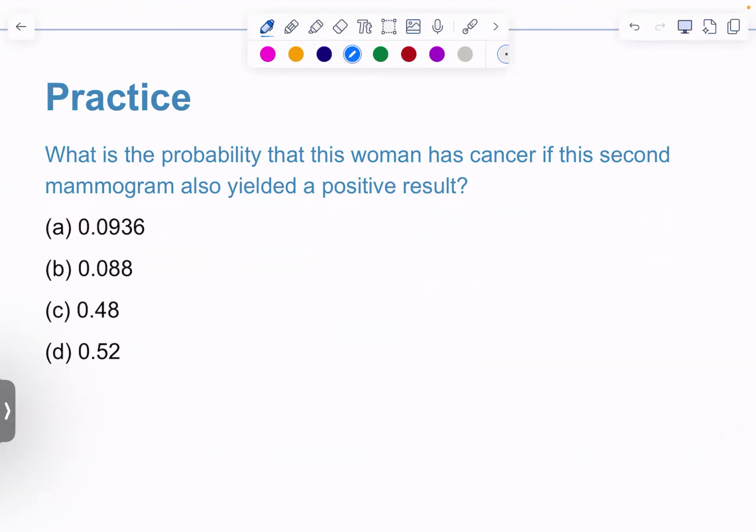What's the probability that this woman has cancer if a second mammogram also yields a positive result? So now, in our tree diagram, we have to adjust these probabilities.